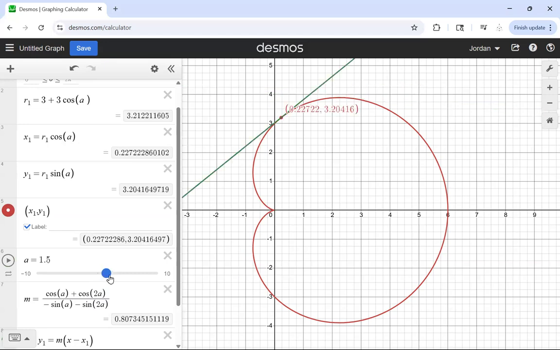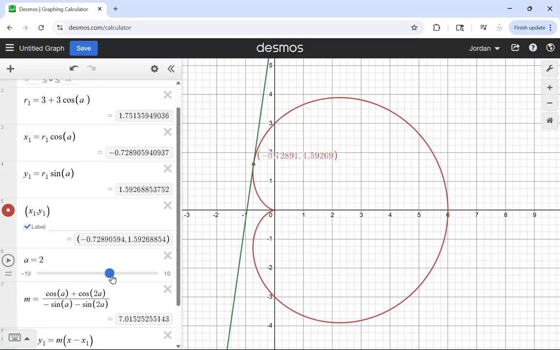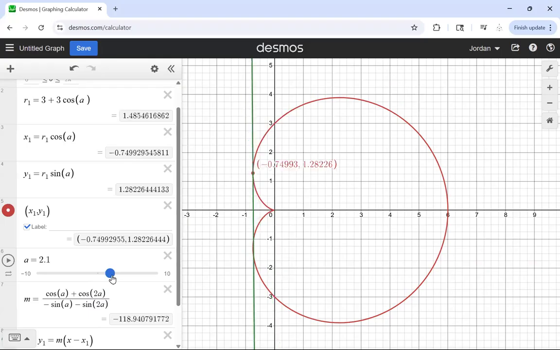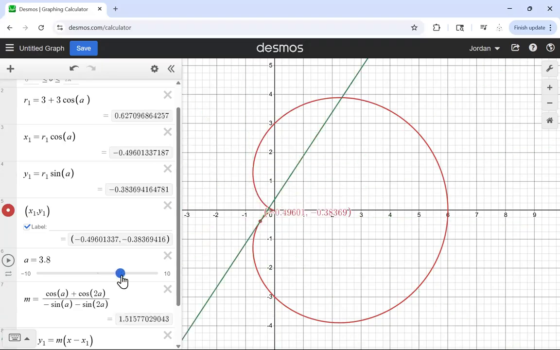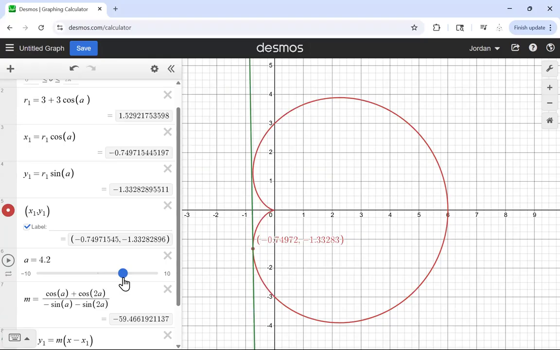And we have vertical tangent lines at a couple of different places. One is about right here. Again, that's when the denominator is 0 and the numerator is not.